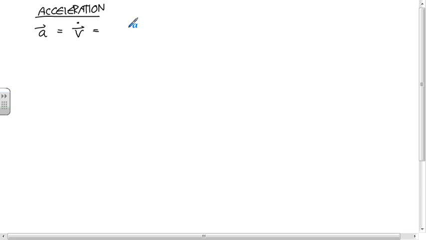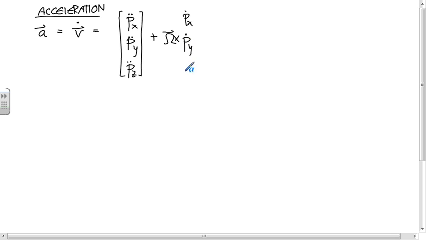And using the product rule, we get first, second time derivatives of all those position components, plus omega crossed with the time derivatives of all the position components, plus the time derivative of that angular velocity.